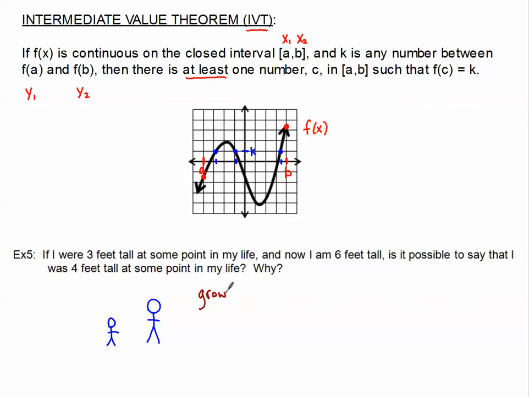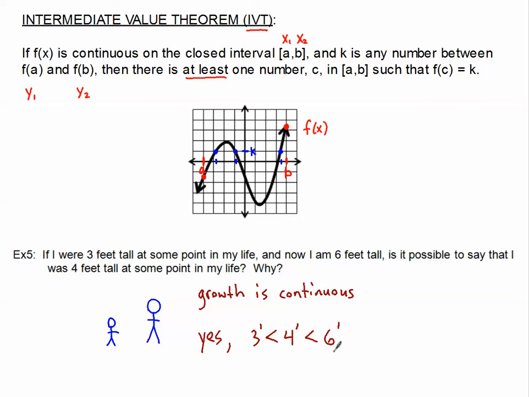Growth is continuous. We do not skip over any heights. We are literally growing all the time. Infinitesimally taller, but we're growing through every single height. So the answer to this question is yes, I was 4 feet tall at some point in my life because 4 feet is in between the 3 feet that I was sometime in my life and the 6 feet tall that I am now.